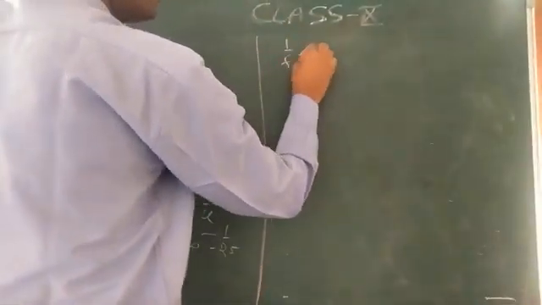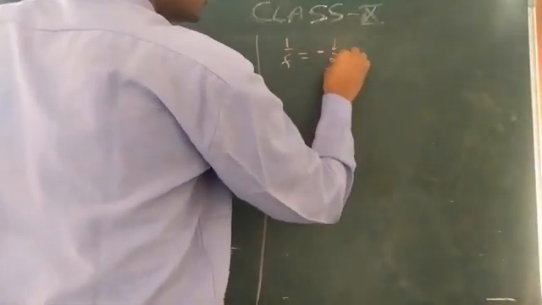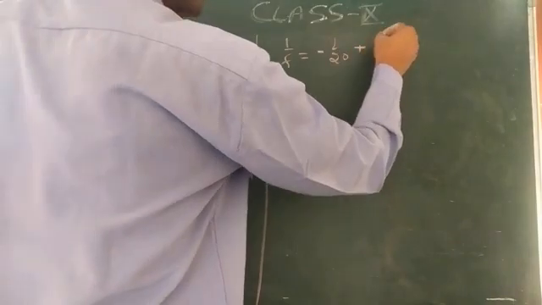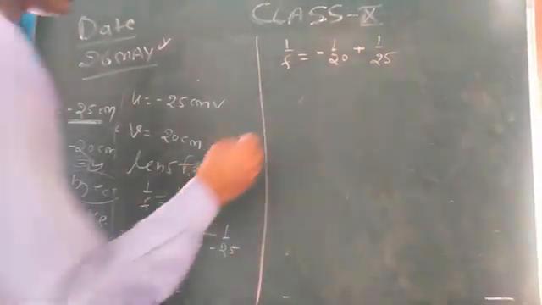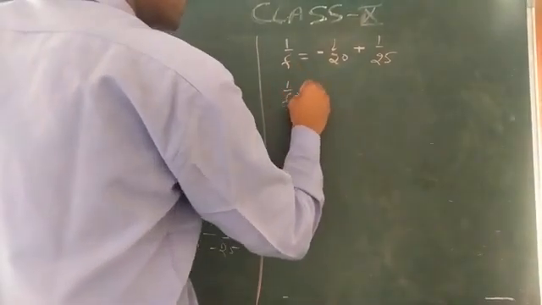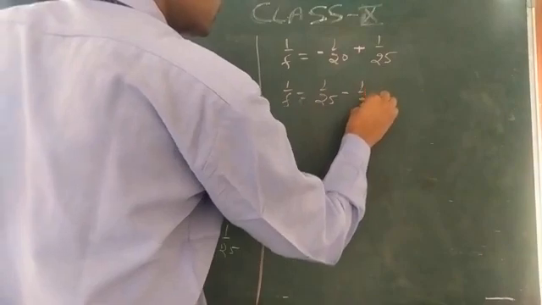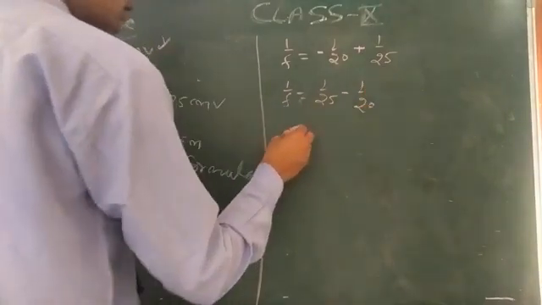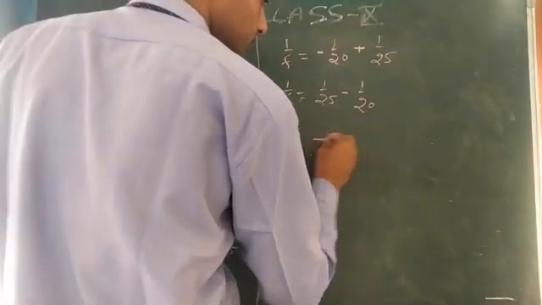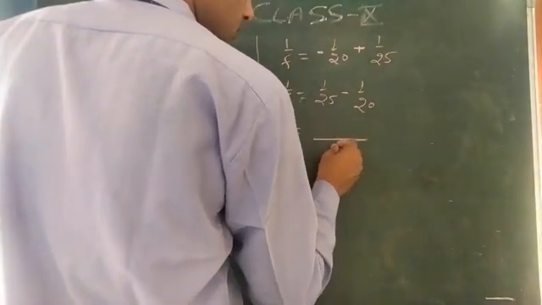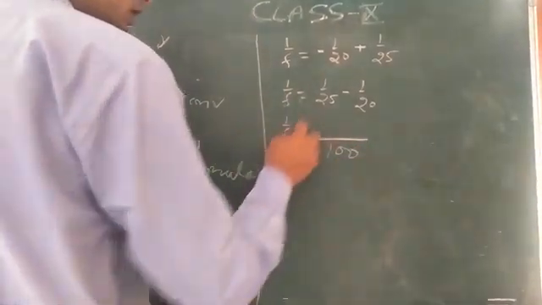1 upon f equal to minus 1 upon 20 plus 1 upon 25. So 1 upon f equal to 1 upon 25 minus 1 upon 20. So 1 upon f equal to, take the LCM 100.